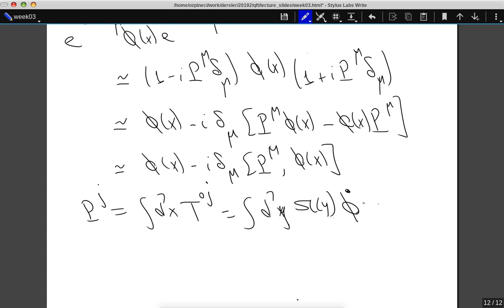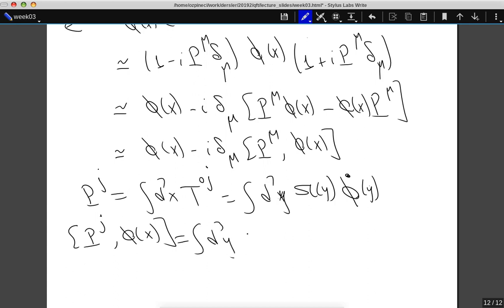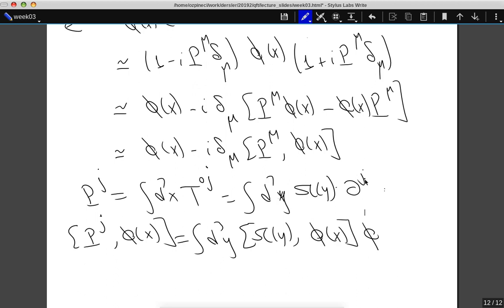So p of j, commutator with phi of x, will be d cubed y, pi of y, del j of phi.